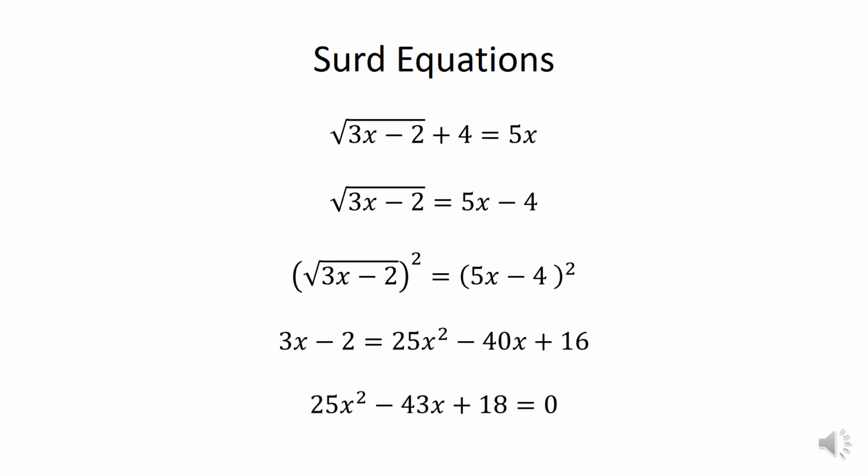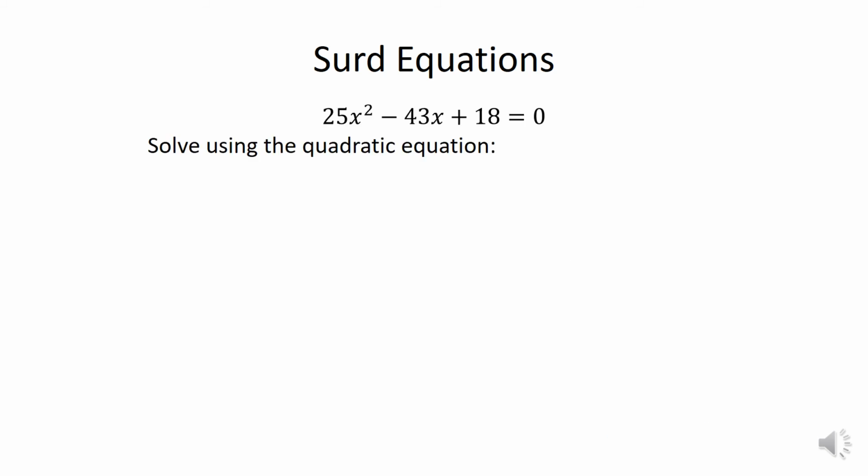Now, how do you solve a quadratic equation? Well, you have choices. Maybe you can factorize, or if you can't find the factors quickly, you can use your minus b formula. Okay, so next page.